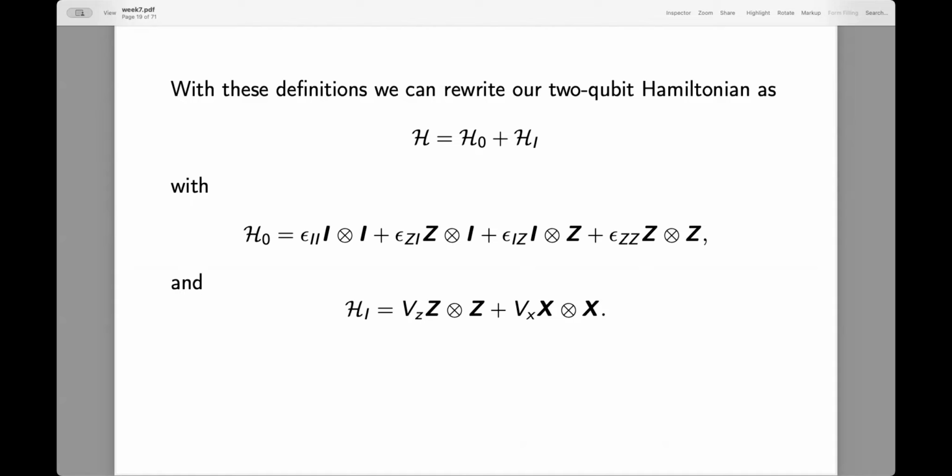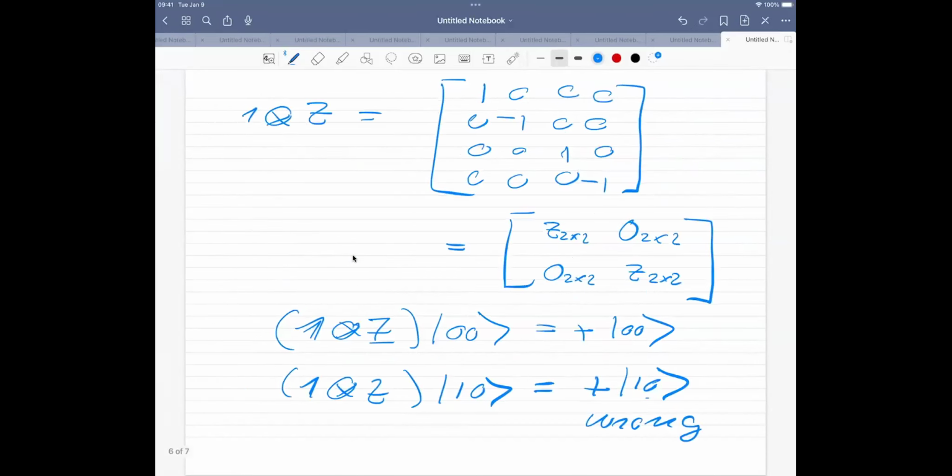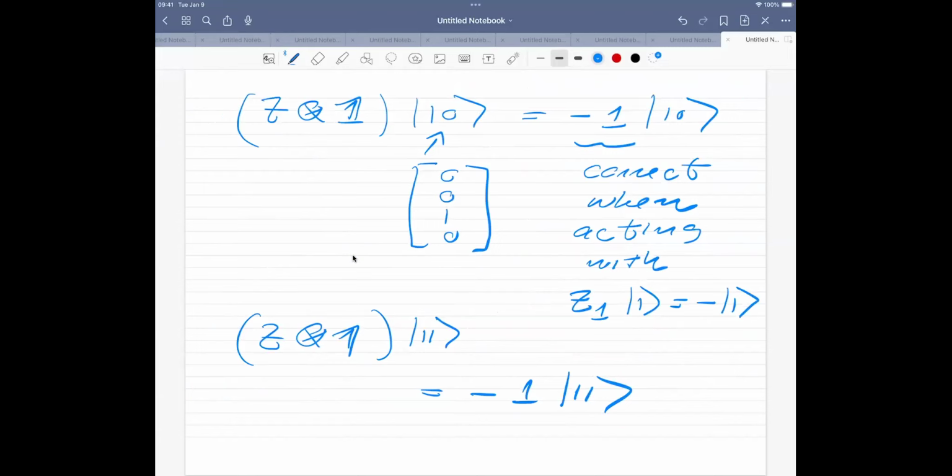So the question is, if we now go back to the whiteboard and look at the states which we have here, when I act on the different states, I know that when I act on qubit 1 with C, so C acts on qubit 1, which is this term here.